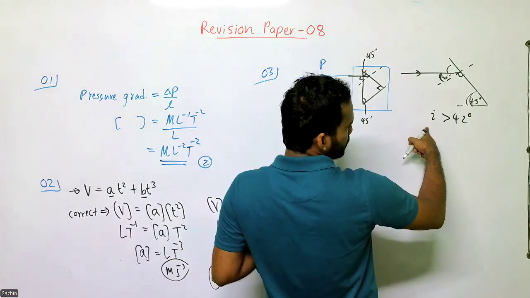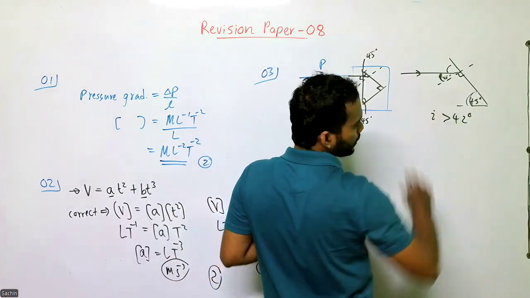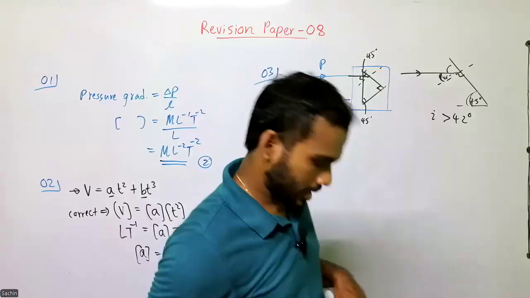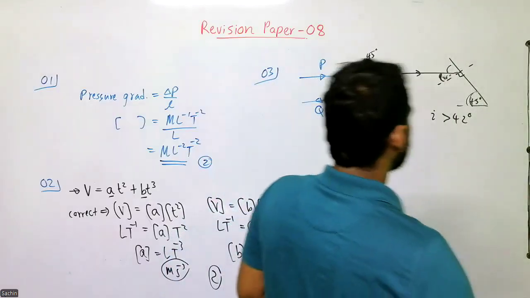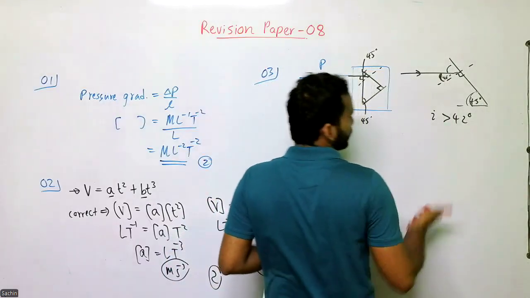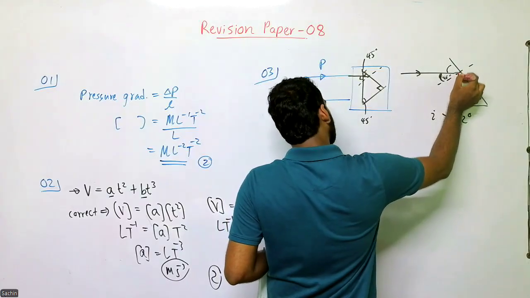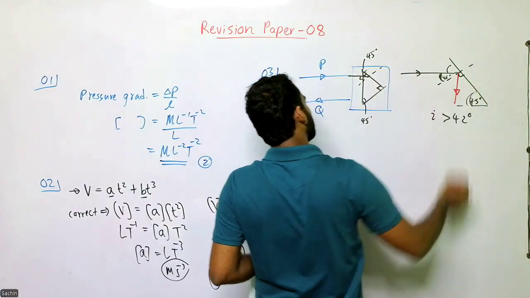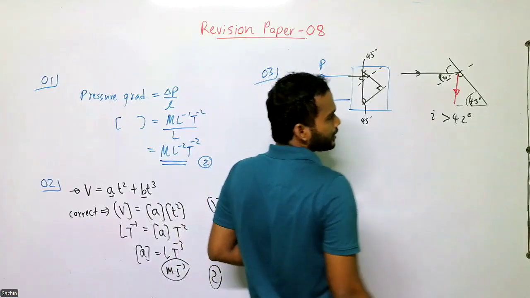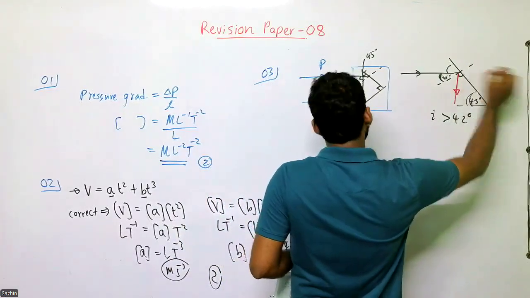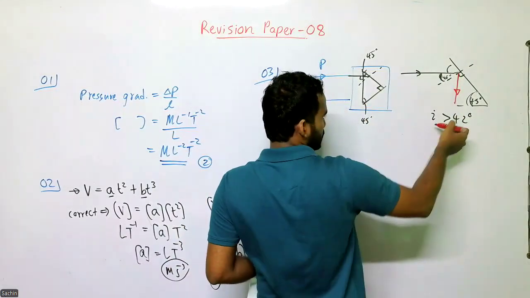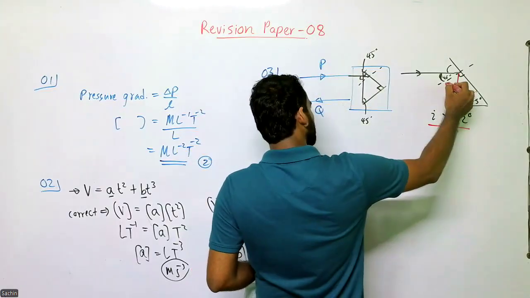If the angle of incidence is greater than 42, then the scenario is what we call total internal reflection. So after hitting this point, the light ray will be totally internally reflected and not refracted to the other medium, because the incident angle is greater.